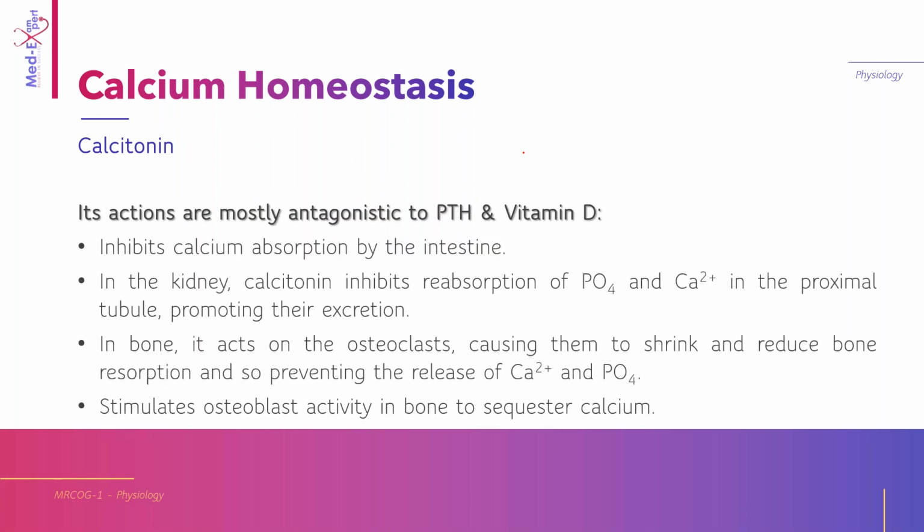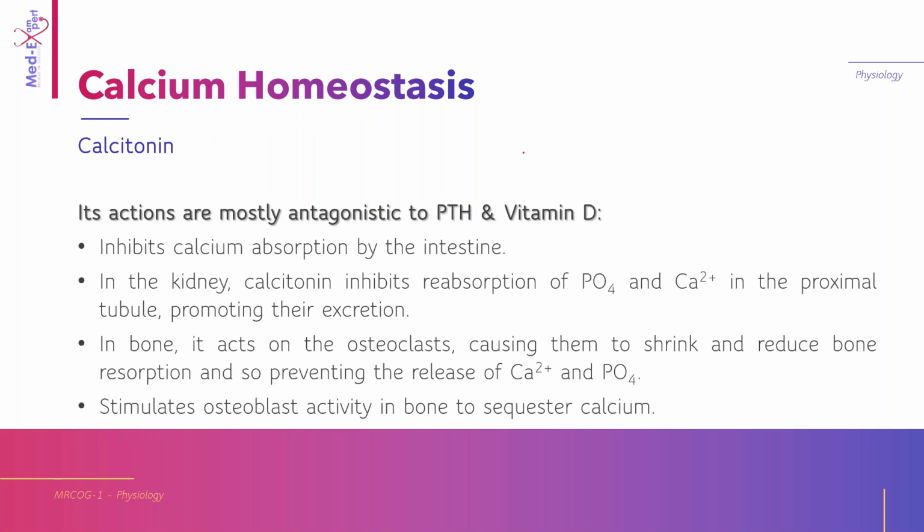So the calcitonin actions are antagonistic to parathyroid hormone and vitamin D, as it inhibits the calcium absorption by the intestine. It inhibits the reabsorption of phosphate and calcium from the kidneys, and it acts on the osteoclast, causing them to shrink and reduce bone resorption, and so prevent the release of calcium and phosphate.